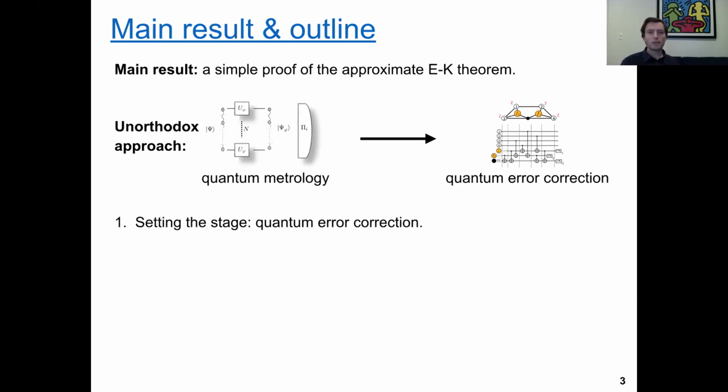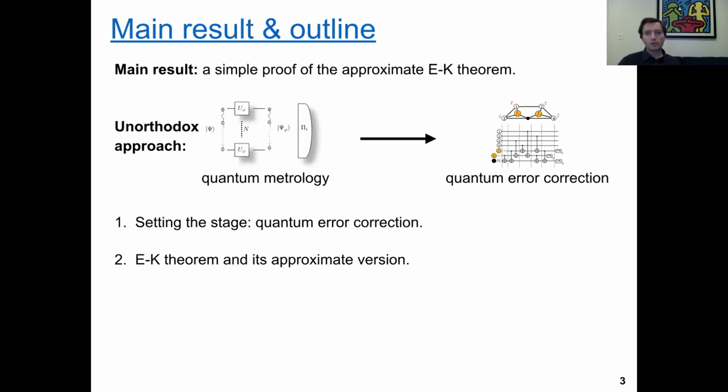So here's the outline of my talk. I will start with a very brief introduction to quantum error correction, and in particular the approximate version. And then I will elaborate a bit on the Eastin-Knill theorem, the limitations which this theorem imposes. I will tell you a bit how to circumvent that theorem, and I will arrive at the approximate version of the Eastin-Knill theorem.